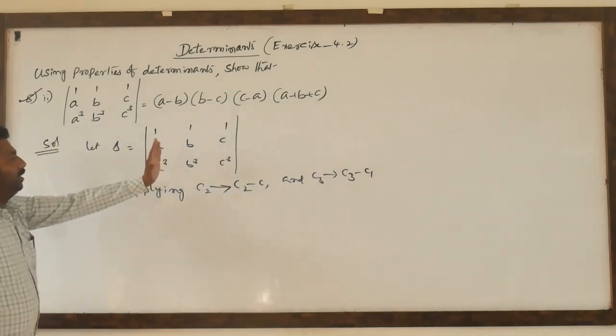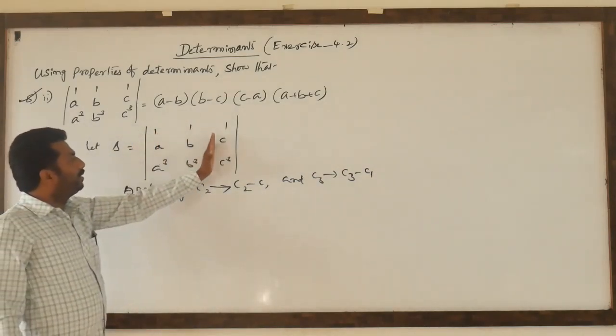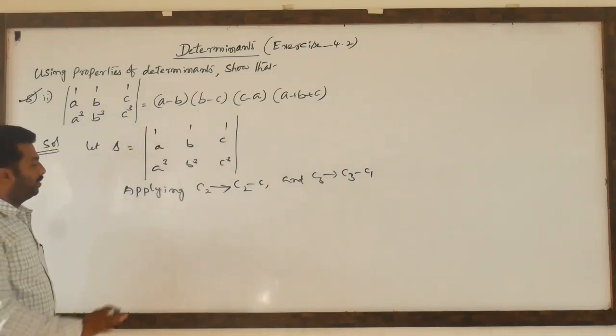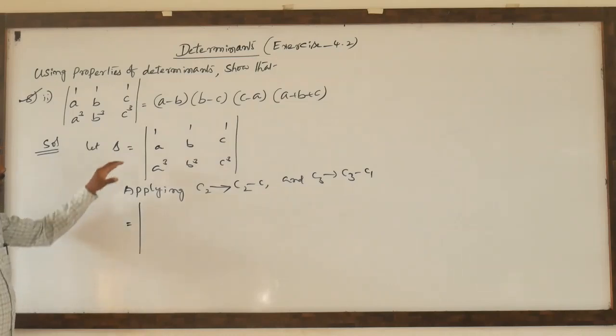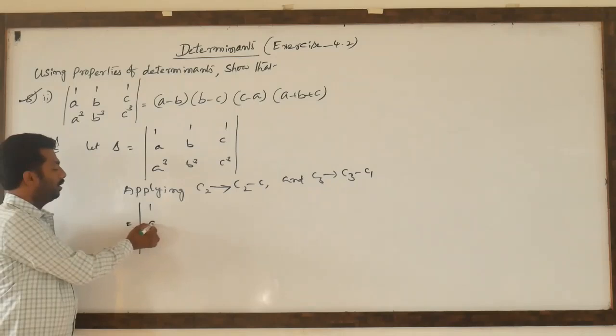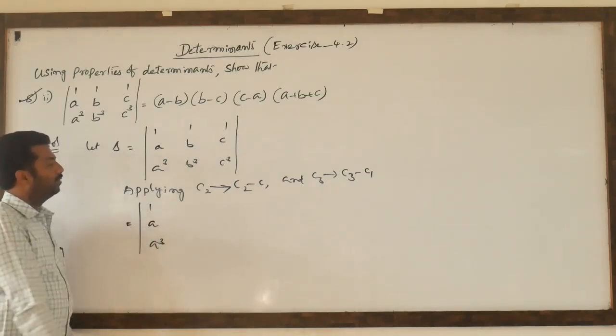Same, C2 minus C1, C3 minus the corresponding C1 elements. If we apply that property, there is no change in the first column elements, that is 1 a cube.